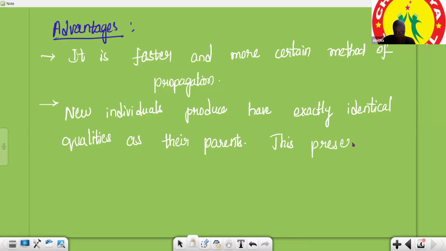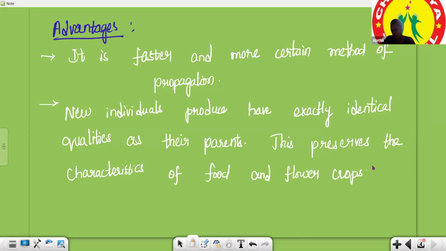So this preserves characteristics of food and flower crops.